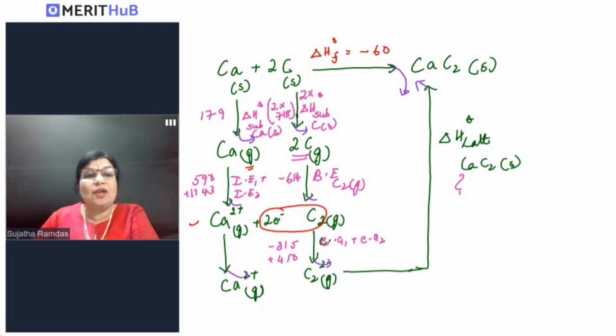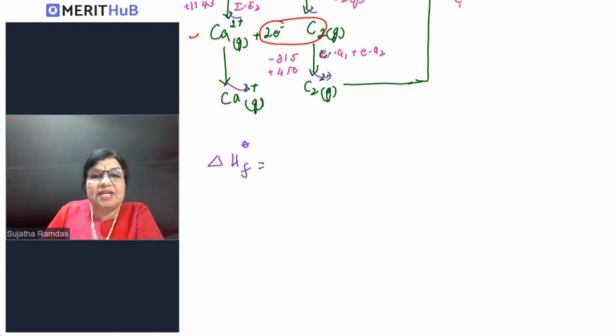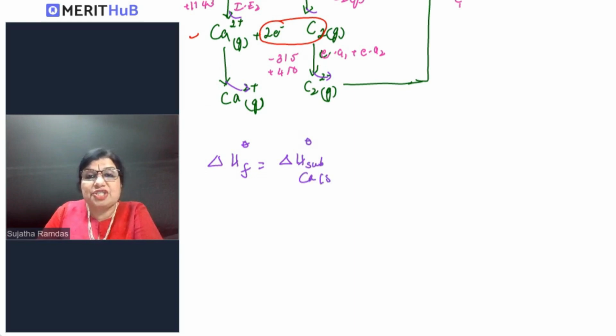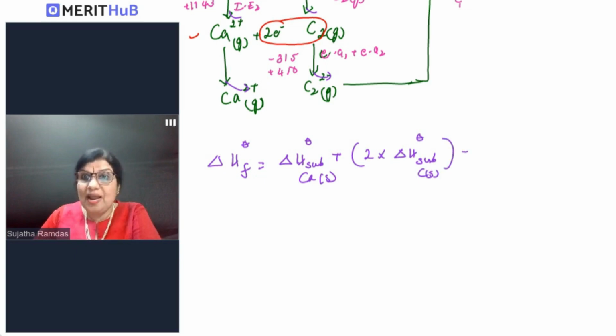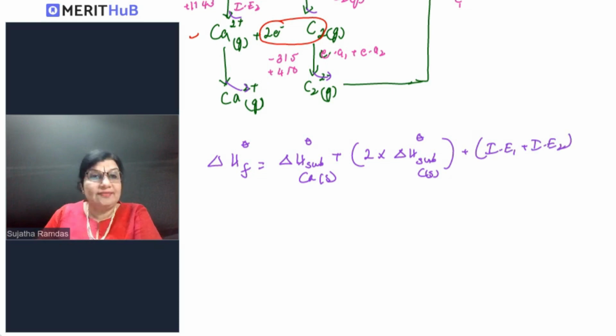Okay, so let's compile all the values. So only enthalpy of formation is in the clockwise direction. All the others, what are they? Let me list all the other thermodynamic terms. Sublimation of calcium solid plus 2 into, don't forget this, enthalpy of sublimation of carbon solid plus, after that, we have the ionization enthalpies, the sum of the two ionization enthalpies.